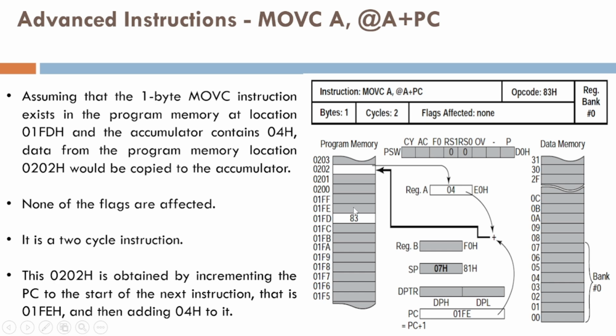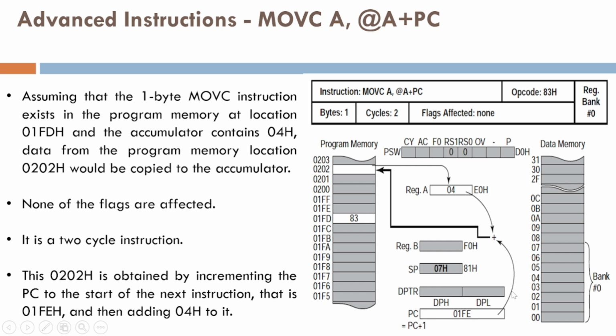So, after the fetching of this particular instruction, the program counter value is 01FE, which is evident here. 01FE, because every time a program counter is used to fetch an instruction, once it is fetched, it automatically increments to the next location, which is evident from this particular situation.